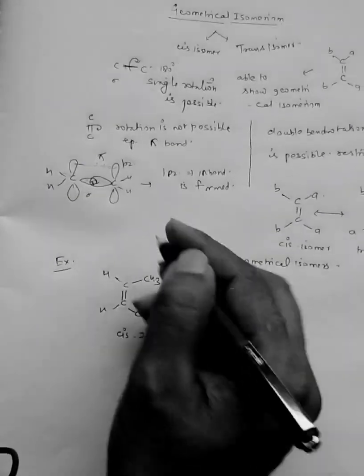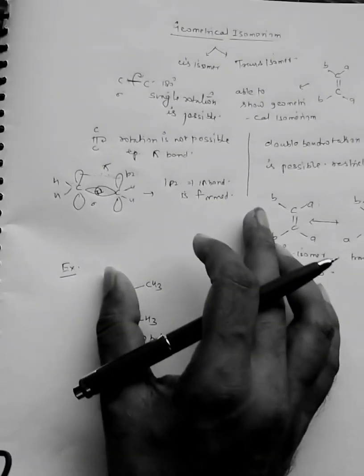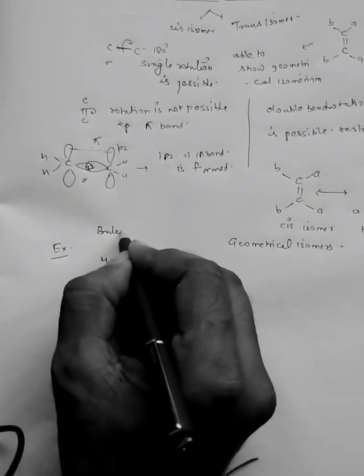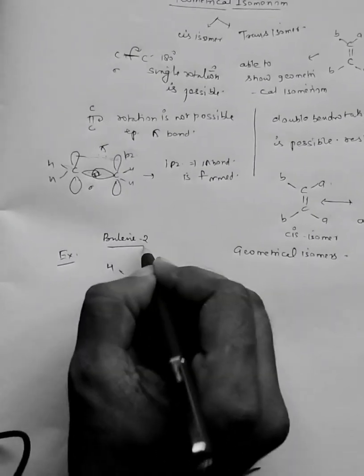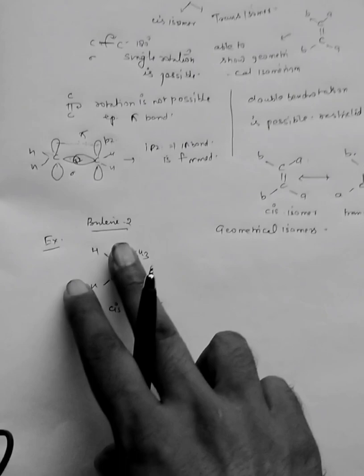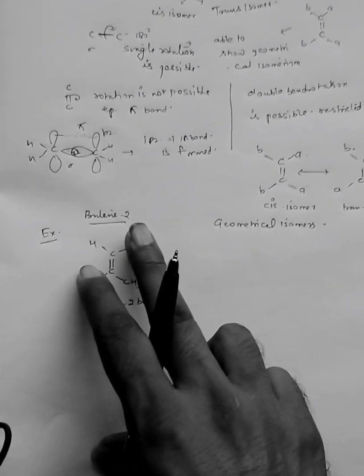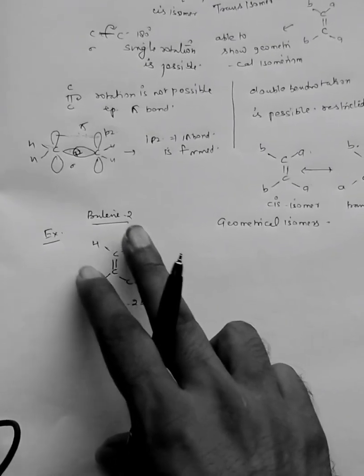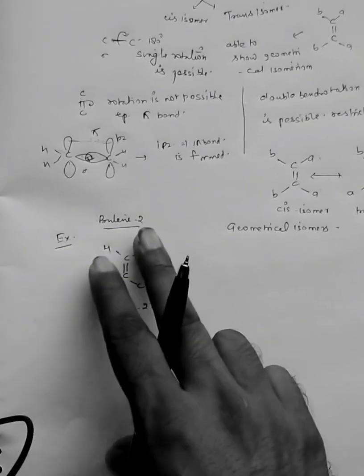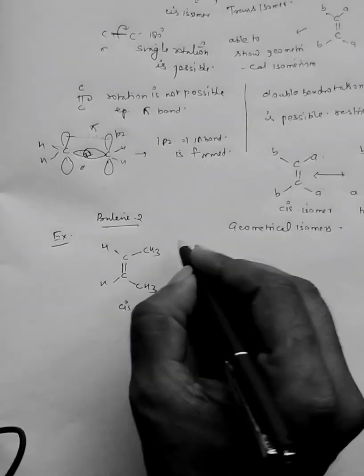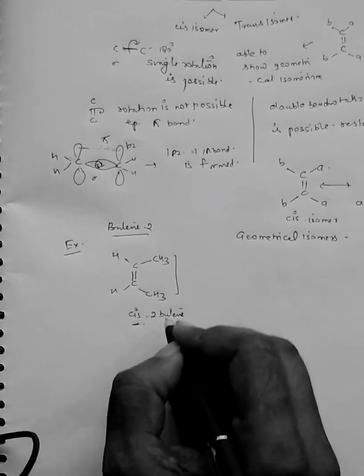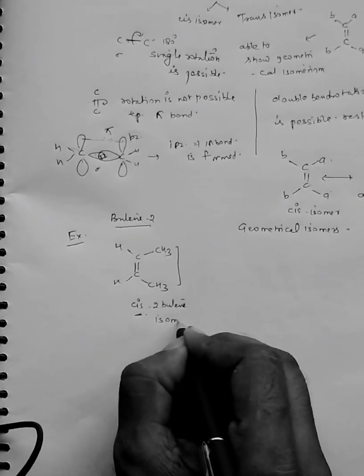Okay, in several competitive exams it is asked how geometrical isomerism is possible for 2-butene, or which type of geometrical isomerism is possible for 2-butene. The first one has the groups on the same side, so this is the cis isomer.